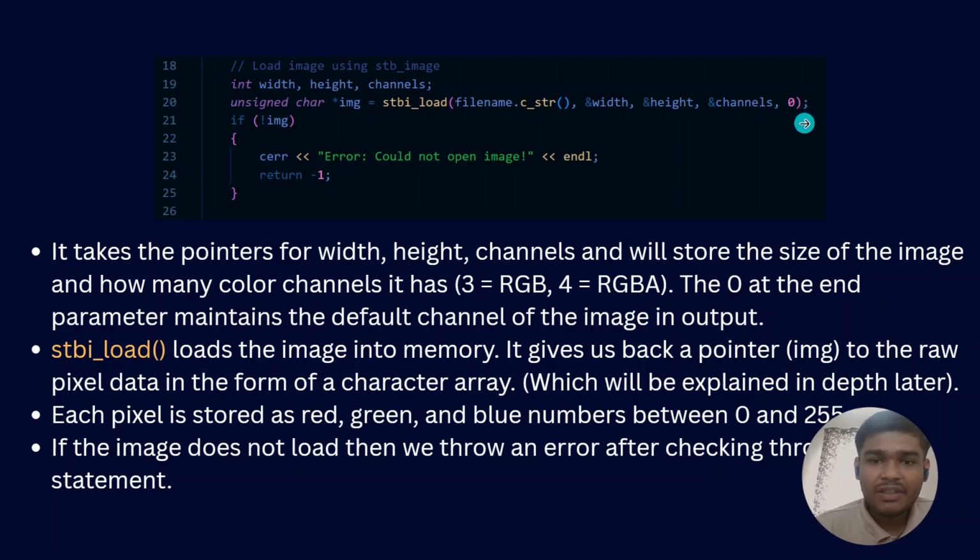But here giving 0 tells the library that we want the image in the original format. So stbi_load loads the image into memory and gives us back a pointer to the raw pixel data in the form of a character array, which will be explained in depth later, including how and in what type the array is given.